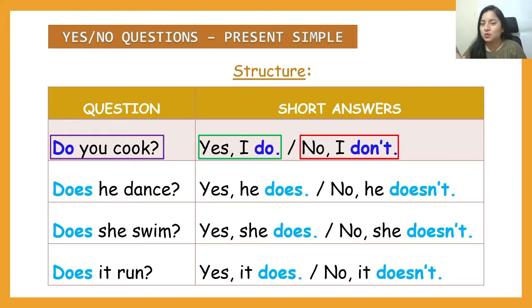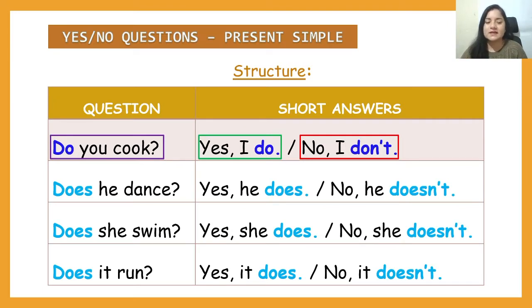With the pronoun you, we say do you, okay? But now I have he, she, and it. And with he, she, and it, now my auxiliary is does. Miss, can I say do he, do she, do it? No. The correct is to say does he, does she, or does it.